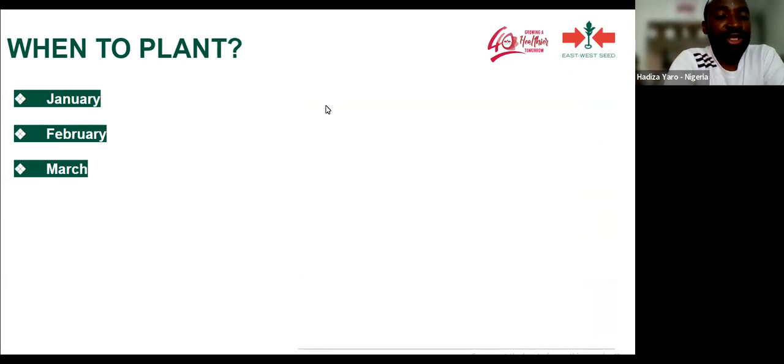When you do your calculation, like I said earlier in the planning, you need to know when you plant by January, when will you be transplanting, and at what stage will you be, when will you be harvesting? What will the market be saying then? So these are the things you need to consider in planning for your dry season.